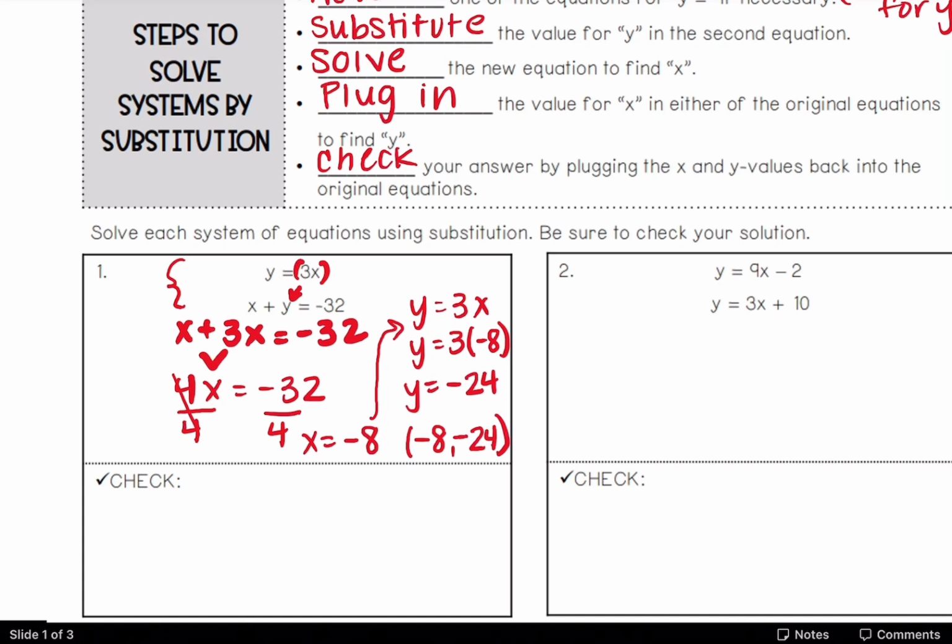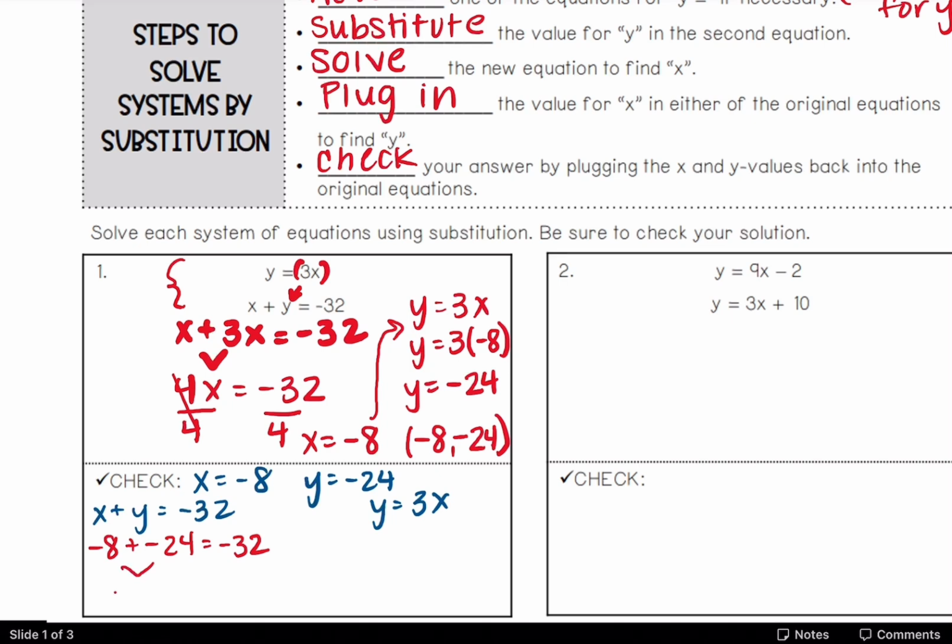If I want to check, I'm going to take those two values, negative 8 and negative 24, and plug them both back into my two equations, x plus y equals negative 32 and y equals 3 times x. So if I do that, I get negative 8 instead of x, plus negative 24 equals negative 32. Does it is the question.